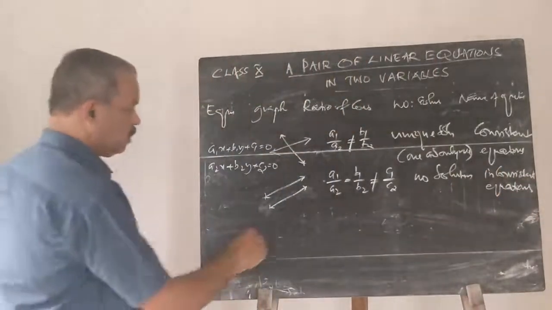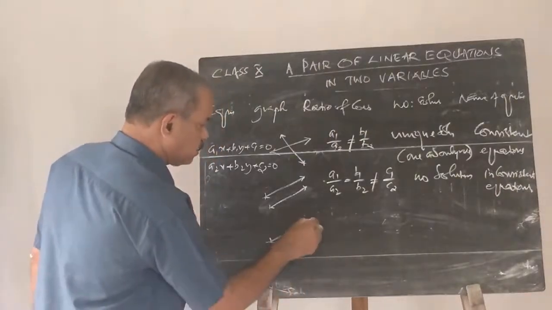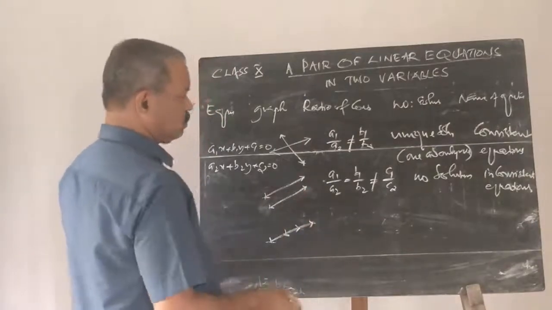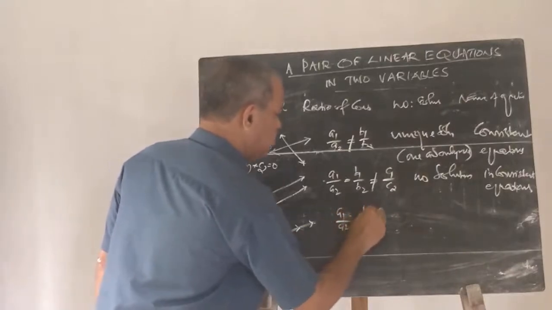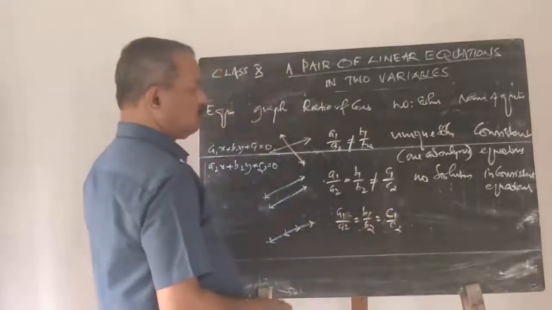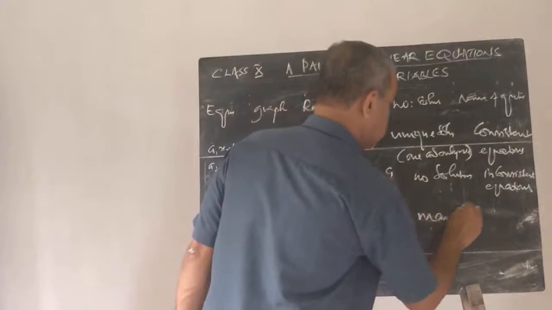Now, third, coinciding lines. What is the nature of the ratio of coefficients? a1 by a2 equal to b1 by b2 equal to c1 by c2. How many solutions? Infinitely many solutions.